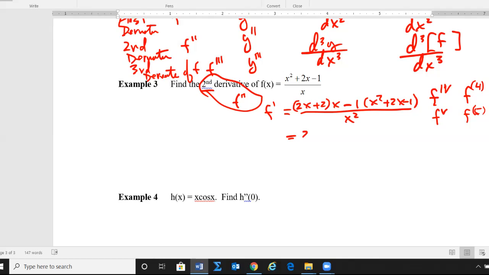And then we'll go ahead and simplify. 2x squared plus 2x minus x squared minus 2x plus 1, which looks like an x squared plus 1 over x squared. Okay.